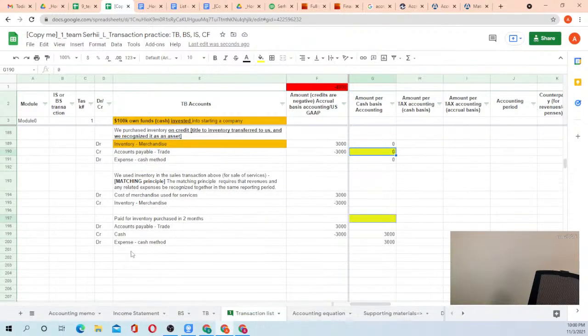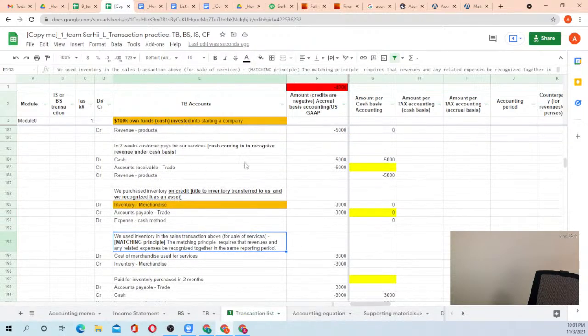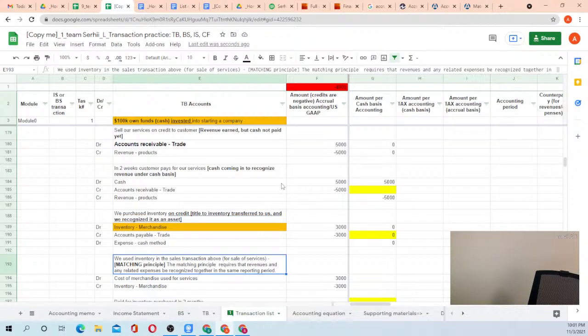Let me also give you one more example here. We say that we recognize the revenue under accrual basis when we earn that revenue. For example, if you sell a product, you recognize the revenue when the product is actually sold, when you transfer the title to that product to your customer.